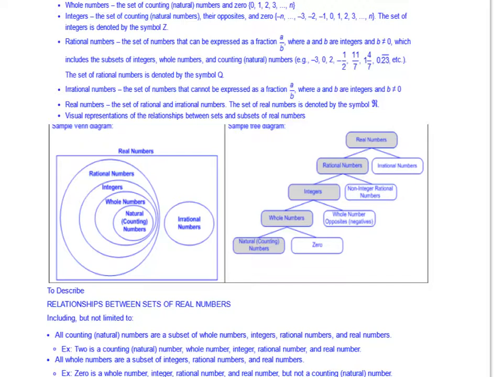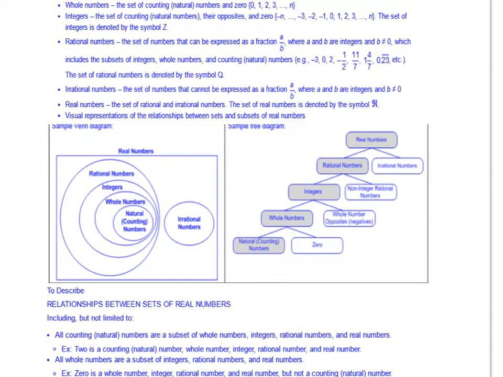If we go to the rational number side, we see rational numbers as a big circle, but inside rational numbers we have integers. Inside of integers, we have whole numbers. Inside whole numbers, we have natural and counting numbers.